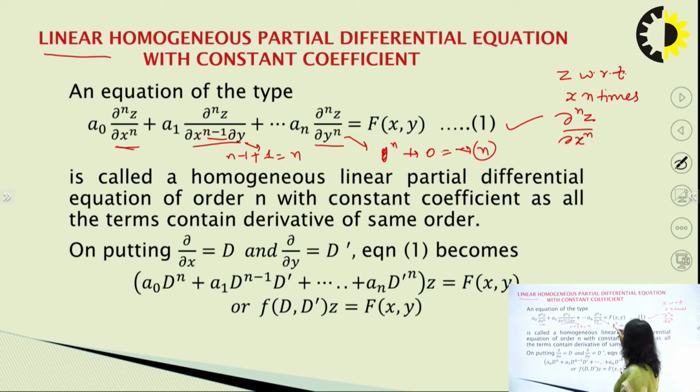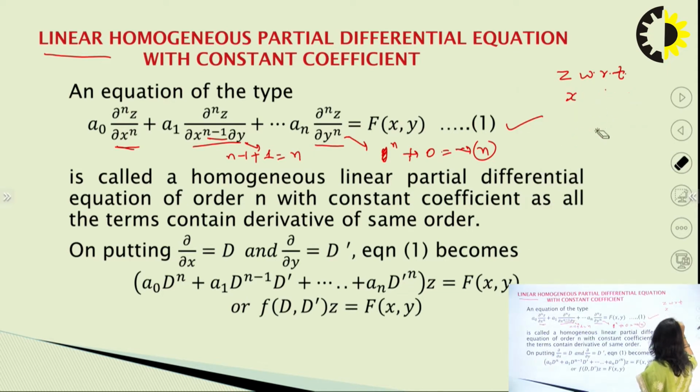Now, it is a partial differential equation, partial because here we have two variables x and y. Both x and y are independent variables and z is the dependent variable.